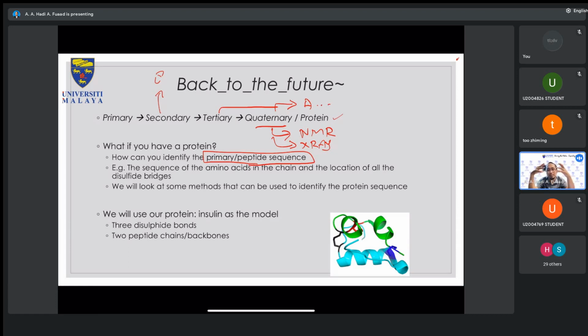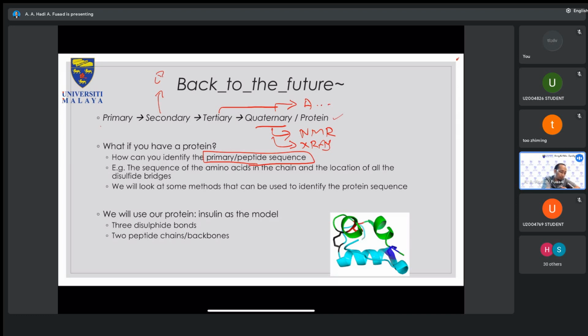It is by looking at the ability of that molecule to polarize light, either clockwise or anti-clockwise, on the plus side or the negative side. The same concept is used to identify secondary structure. I'm not going to cover it in this lecture. It's just extra information for you to know. We can use circular dichroism to look at what secondary structure is present in your sample.